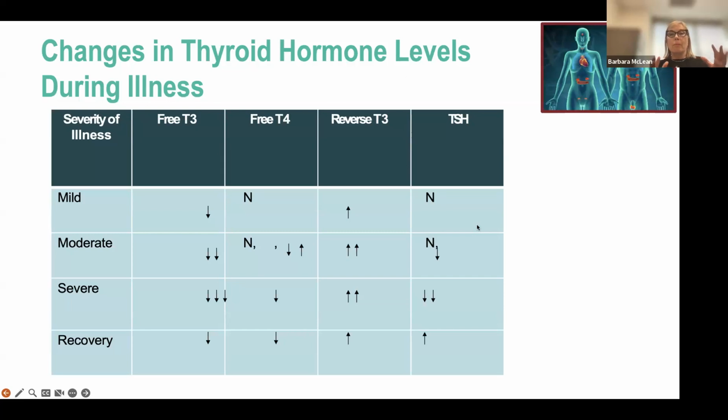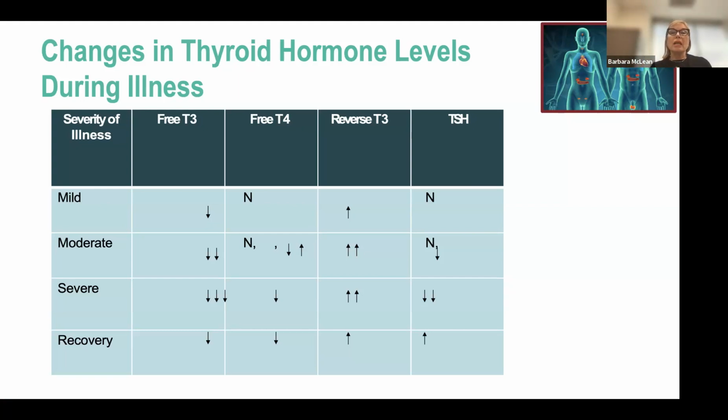For most patients, and particularly for women, TSH, thyroid stimulating hormone, which is a pituitary output, and free T4, which is a thyroid output. Most of us look at TSH and free T4, and if those are normal, we think things are okay.